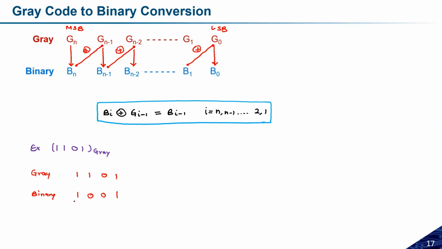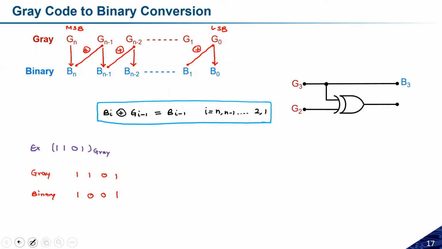If I have to make the circuit for this, it is just like what we discussed before. G3 will be transferred as B3, and to calculate B2, I have to XOR B3 and G2. B3 and G2 will be XORed, and that will give you the B2 result.